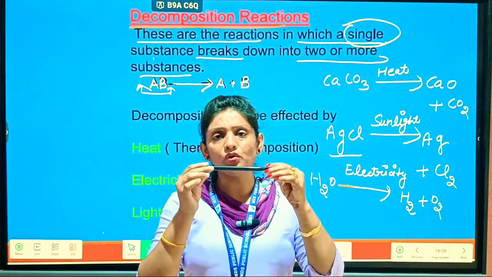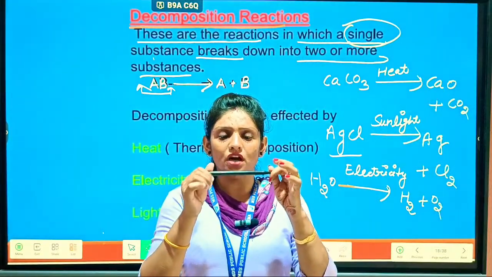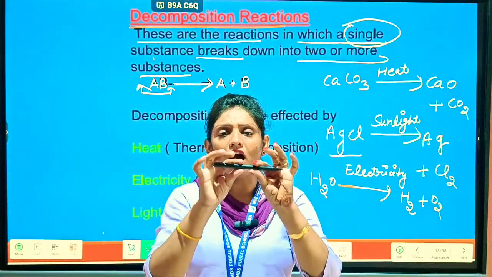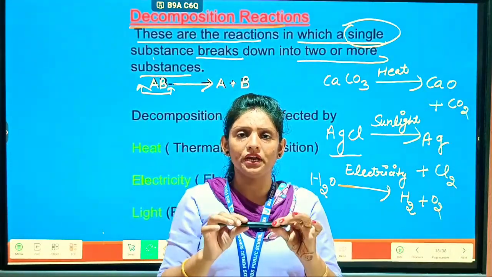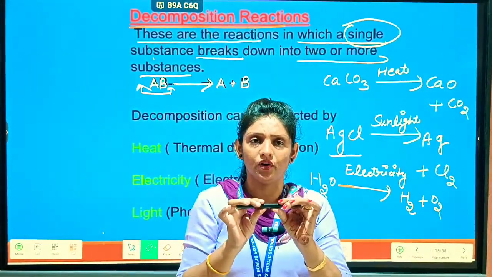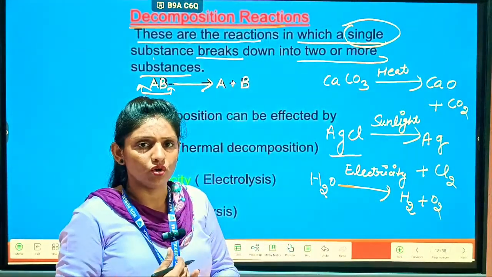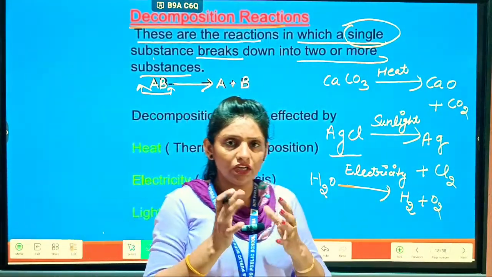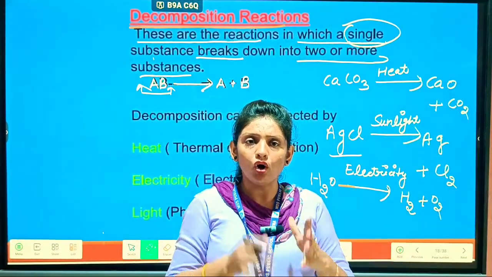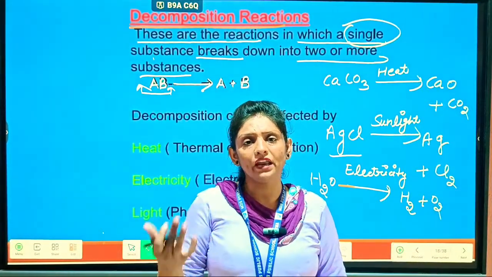Students, if I want to break this, without applying some force, without providing some energy, I can't break this one. For breaking, I need to provide some amount of energy to this one. So for decomposition in chemical reactions also, we need to provide some amount of energy. After that, old bonds can be broken and new bonds can be formed.